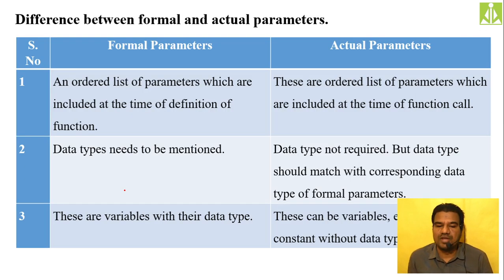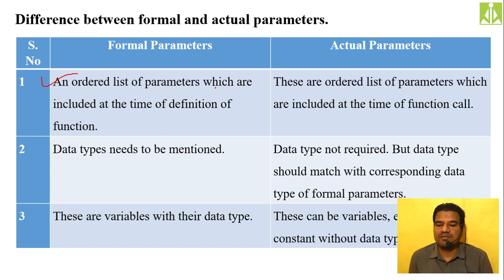Quickly, we need to see the differences between formal and actual parameters. As we said, the number, order and type must match everywhere. Whatever you do in the declaration must match in the definition as well as in the calling. The actual parameters are also the same: the number, the type, everything should match.